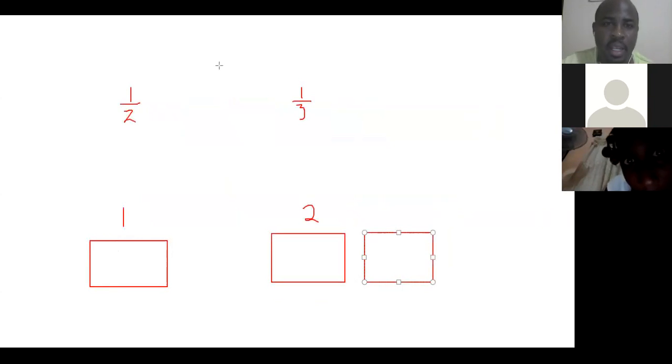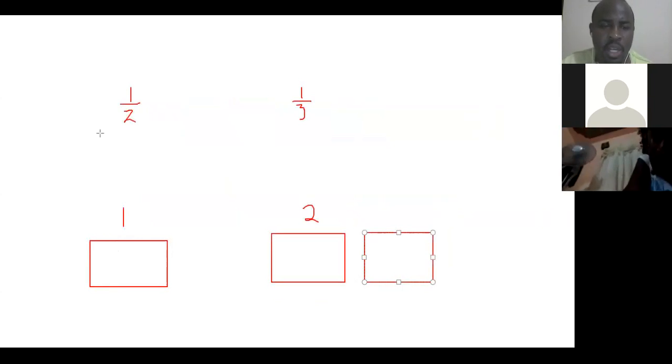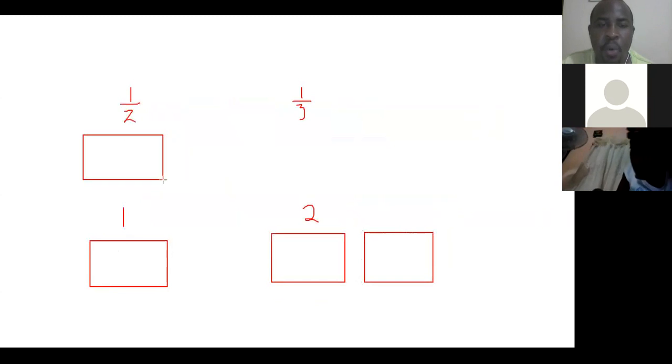All right, good. Now, if I'm talking about a fraction here, how many wholes must I have represented for this fraction 1/2? One whole, sir. Because we say a fraction is always a portion of a whole, right? Yes, sir. And how many wholes do I need over here too?